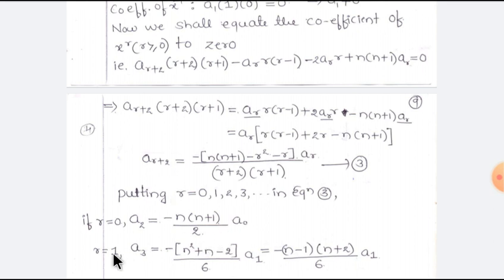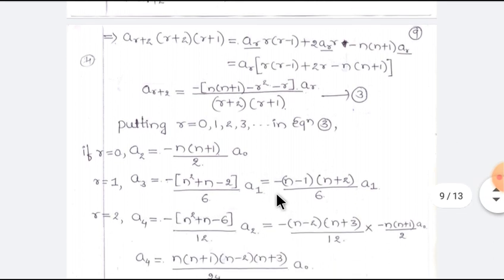If r is equal to 1, in equation 3, we get minus of n square plus n into minus 2 divided by 6 into a1, which simplifies to minus n minus 1 into n plus 2 divided by 6 into a1.